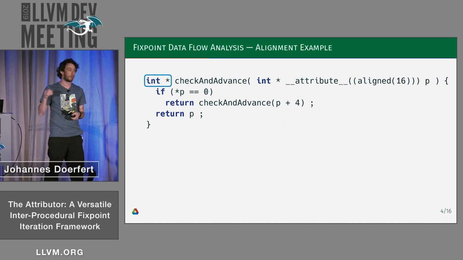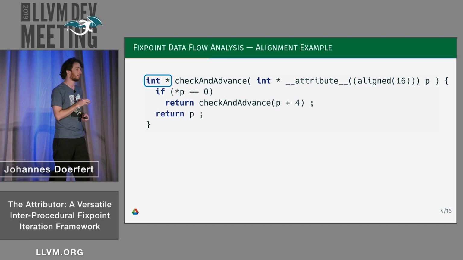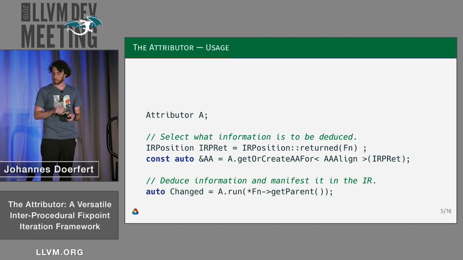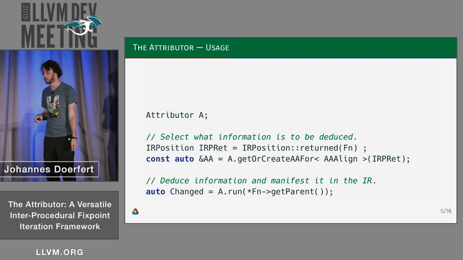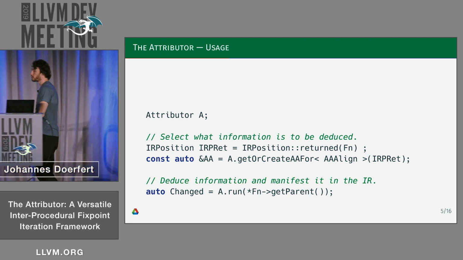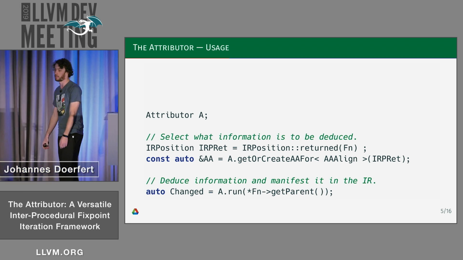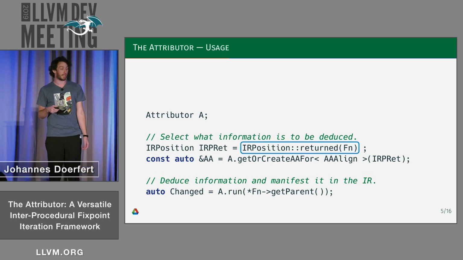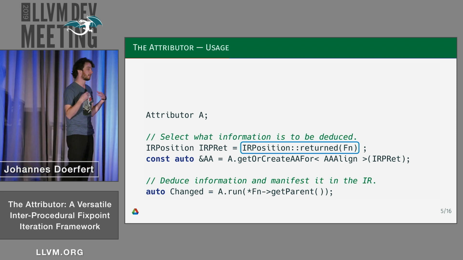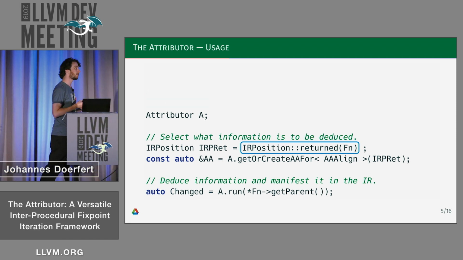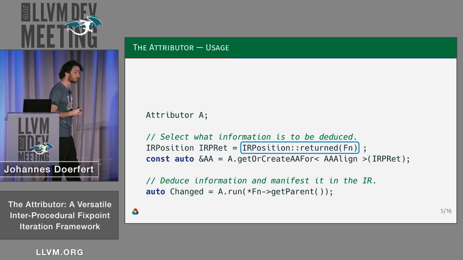Now, this was the example we just ran through, right? Just a quick reminder, we were interested in the return value alignment. That was our query. Let's see how you would do that with the attributor. What you would do is create an attributor, A. Then you would select what kind of information you're interested in. So there is this IR position returned function. Function is our function we had. IR position returned is an abstraction of what we're interested in, so the return value of that function.